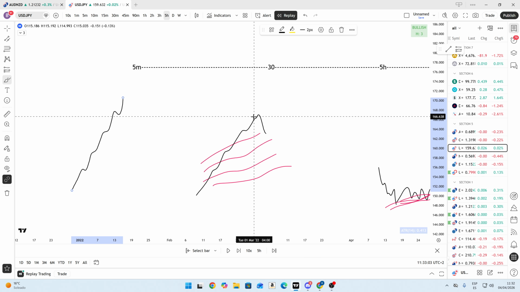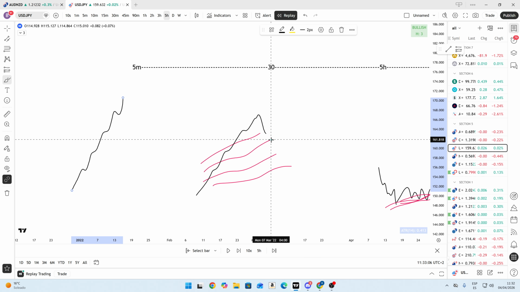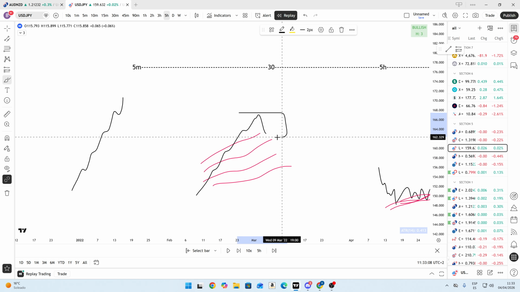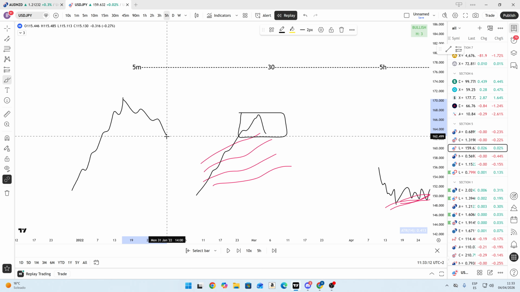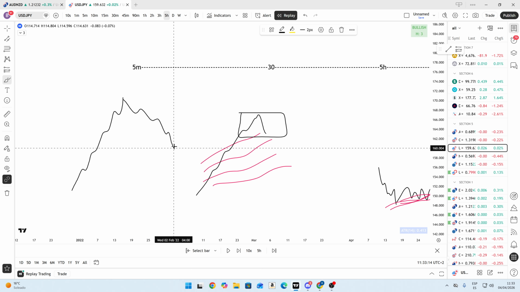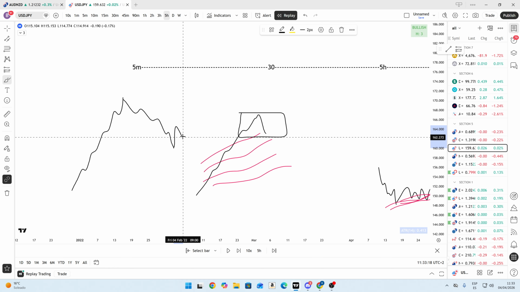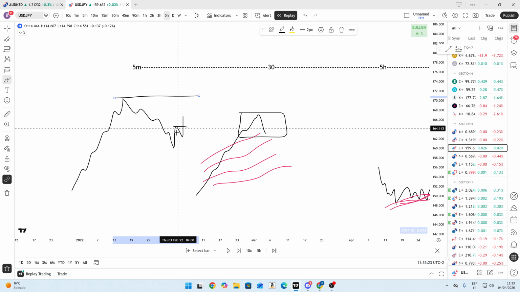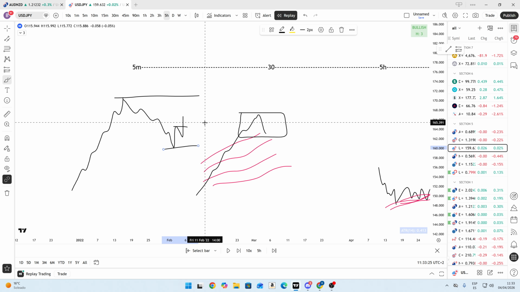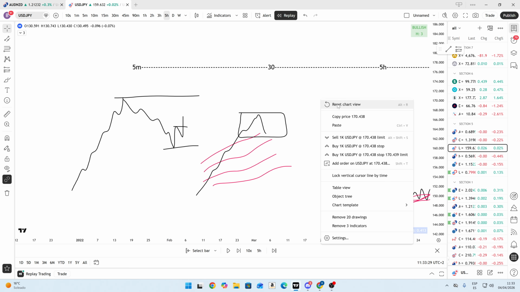If we zoom in, once price pulls back on the middle time frame, it looks something like this. Price will do this, and we will enter on a high, then retracement. When we enter on the break of this, we'll be inside a range like this, and we enter on one of these. Okay, so this is the way I will do it.